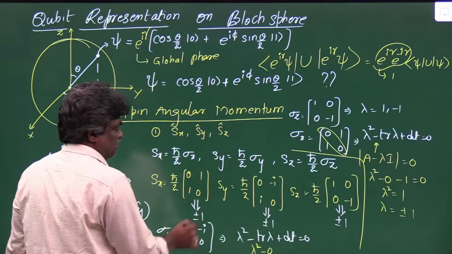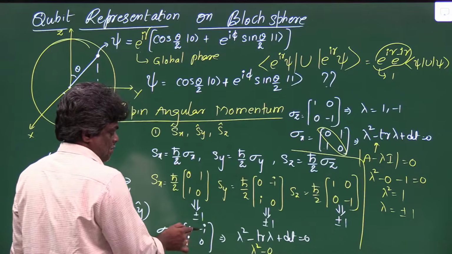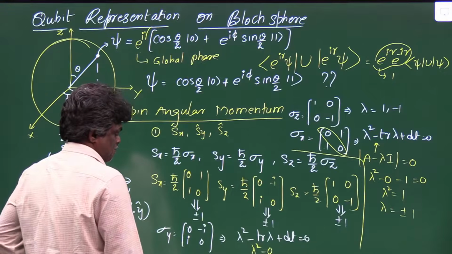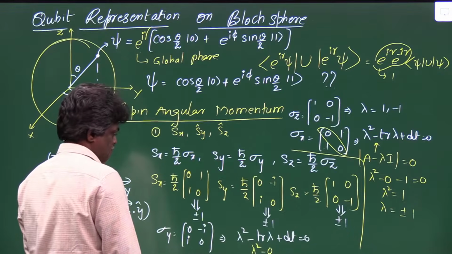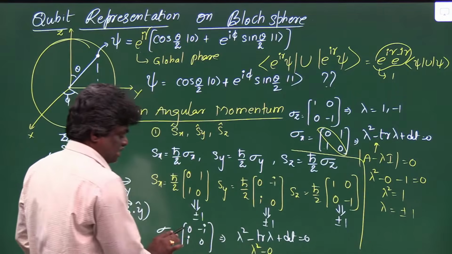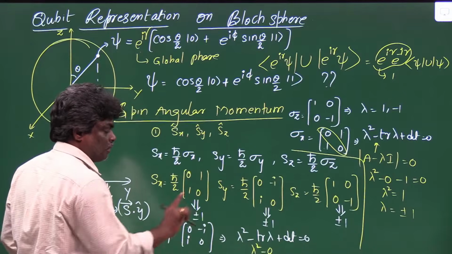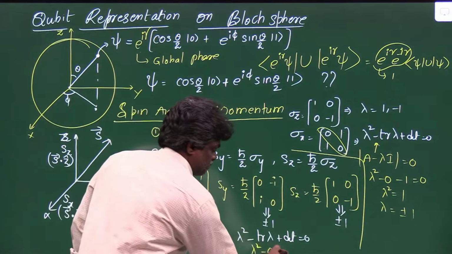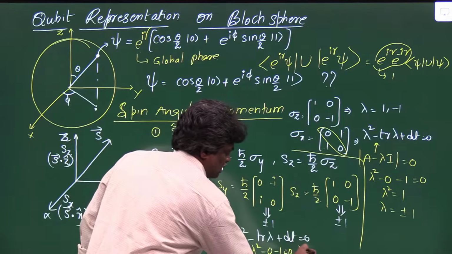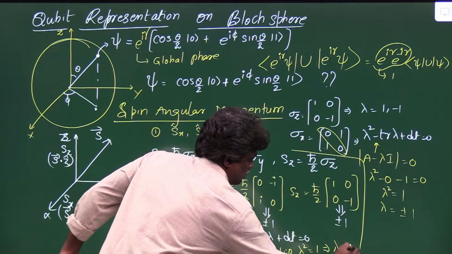Now what is the determinant? 0 minus, minus i into i. That minus and this minus gone, iota into iota, one more minus comes. Equal to 0. That's why lambda square equal to 1, which implies lambda equal to plus or minus 1.